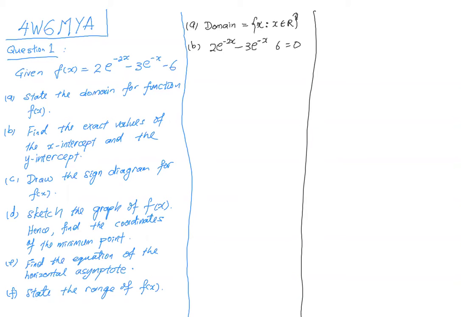Let e to the power of minus x equal to y. Okay, we try not to use y here. Why do I have to let e to the power negative x be equal to y? We know that if I have an exponential with more than one term, I cannot change it to ln, am I right?